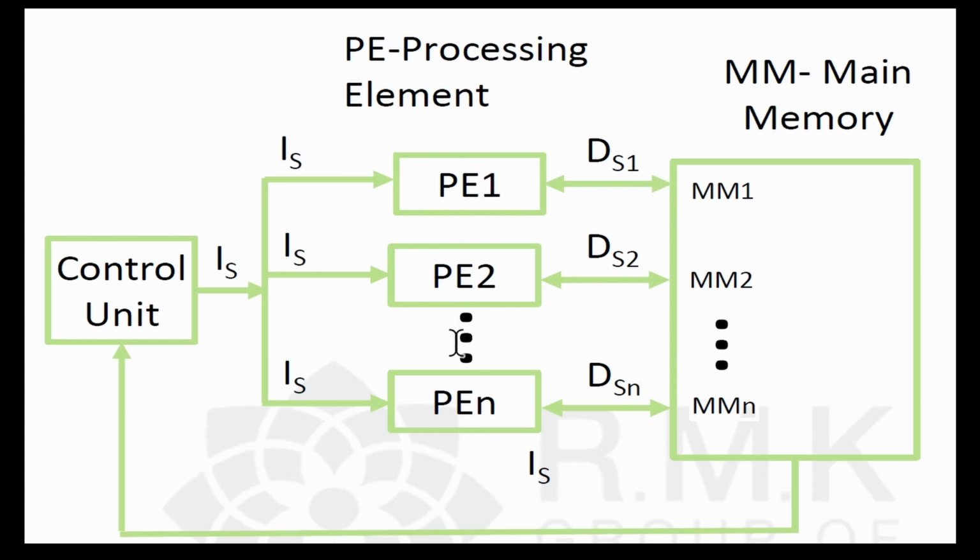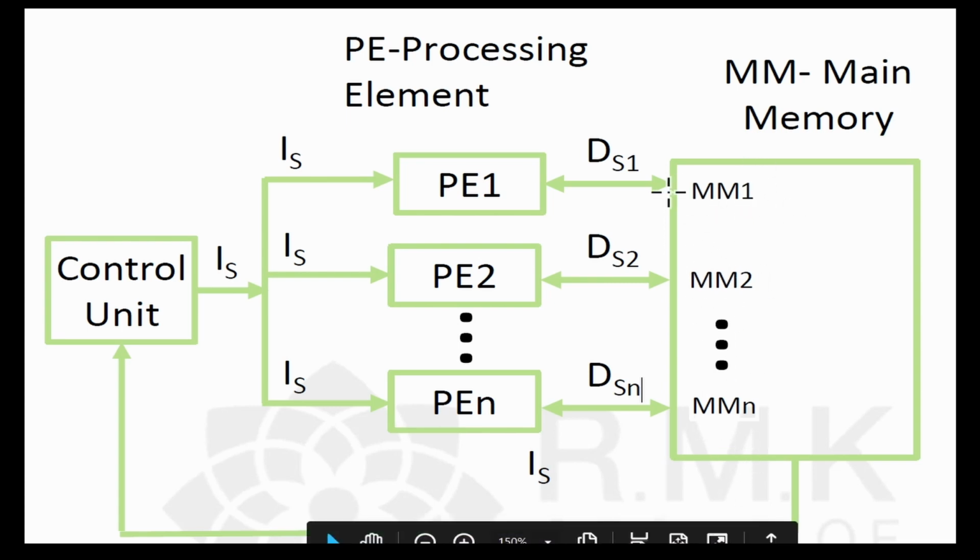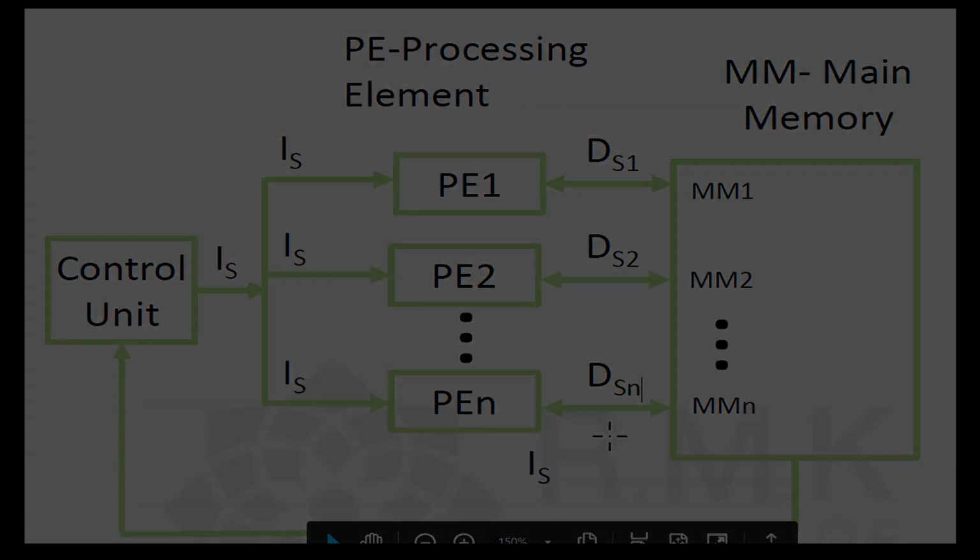So you will have multiple processing elements: single instruction, multiple data. That means multiple processing elements will be there. Since multiple processing elements are there and multiple data are to be used, the memory is divided into n parts. So from each part, one data will be taken.